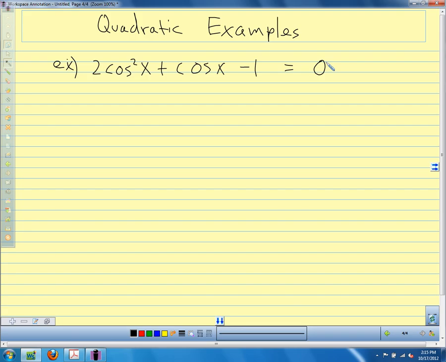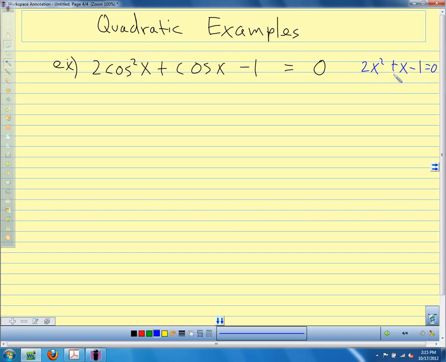Any idea how we go about this? So I heard two things. I said bring the 1 over, and I heard factor. If I bring the 1 over, I still have a cosine and a cosine squared, so that really doesn't help us. So let me write this over here in blue. I'm going to write 2x squared plus x minus 1 equals 0. We would solve this by factoring.